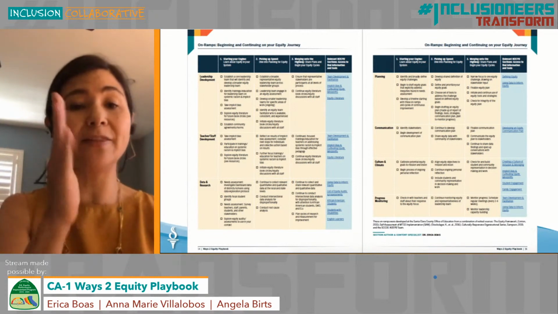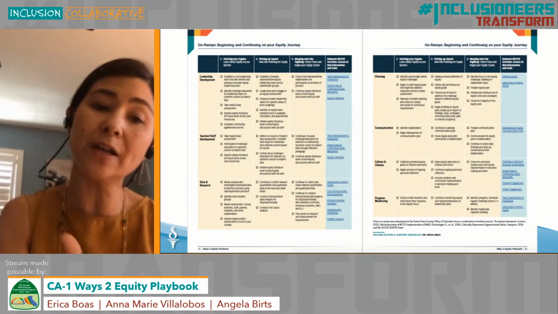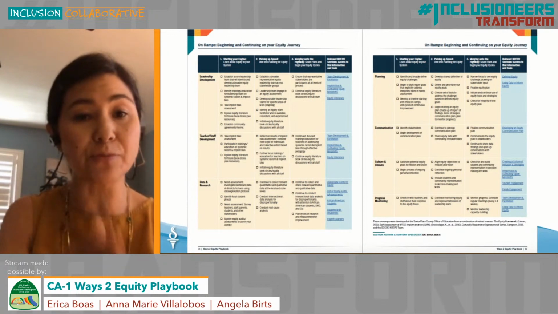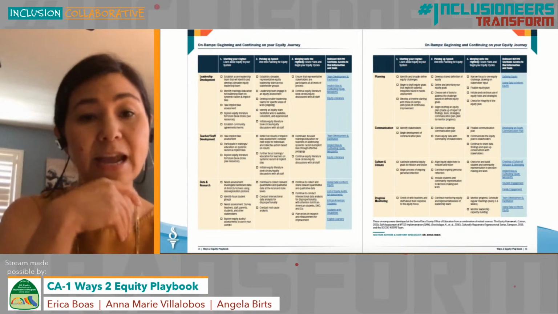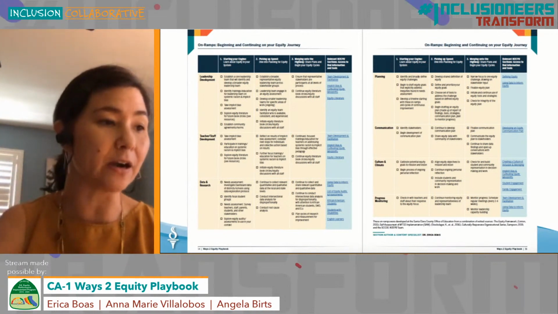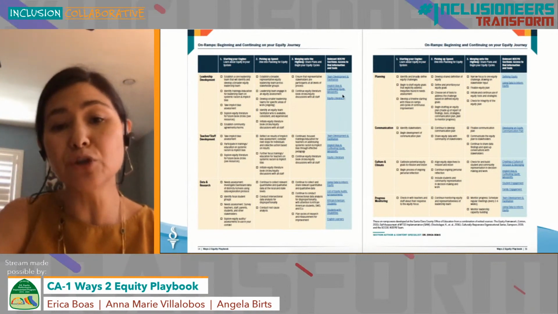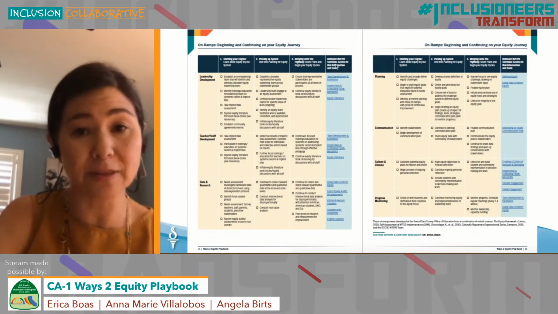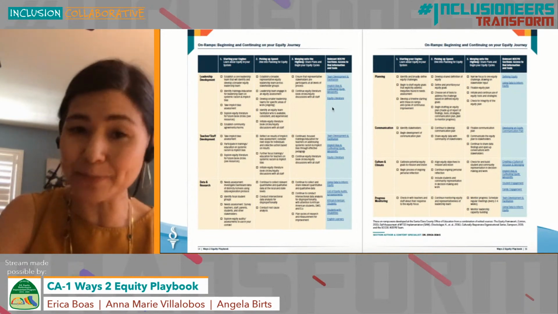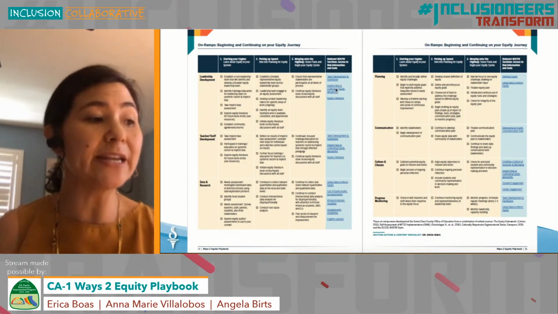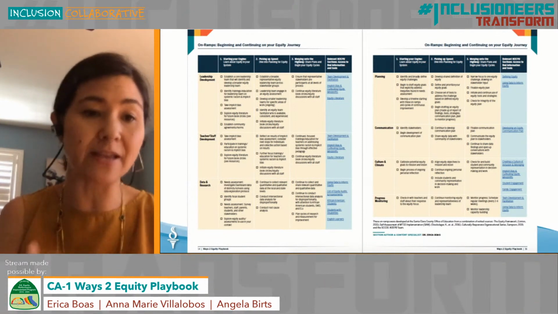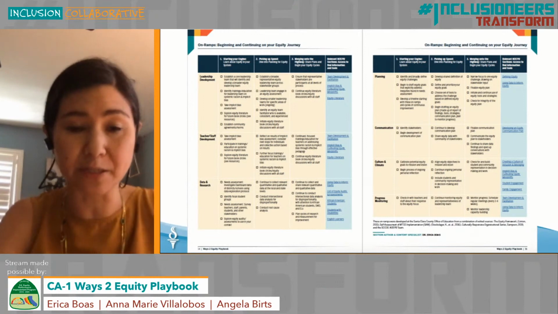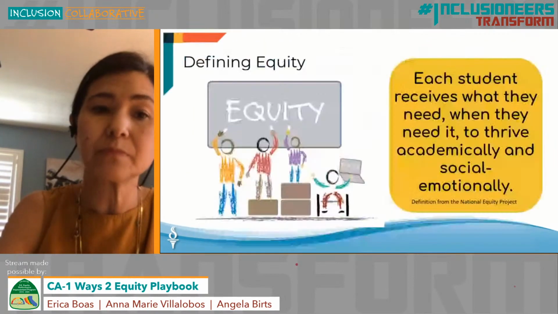So even if you find that mostly you're in the middle column, you'll want to look back and see that you've met some of these areas in the preceding column. And finally, the blue column on the right-hand side links to related sections within the playbook. So we try to make this as easy to use as possible.